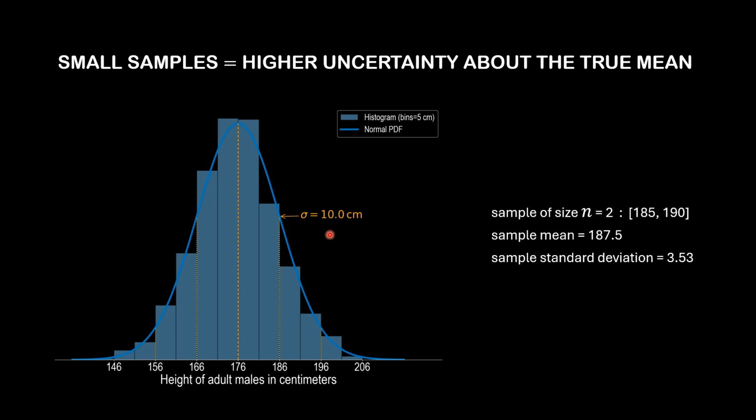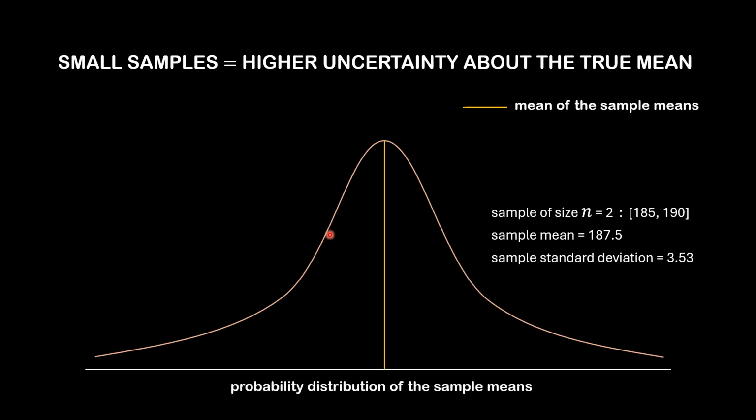Obviously, if we keep taking samples of size 2, most sample means would still be centered around the mean of the sample means, but we would also have many more outliers. We would have more sample means that are very small and more sample means that are very big.